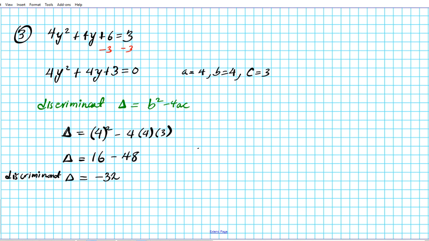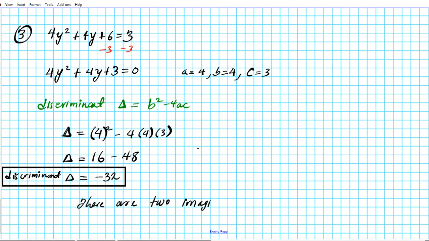Now let's use that result to describe the nature of the roots. So in this case, there are going to be two imaginary roots that are different.